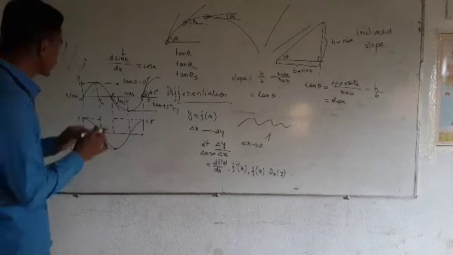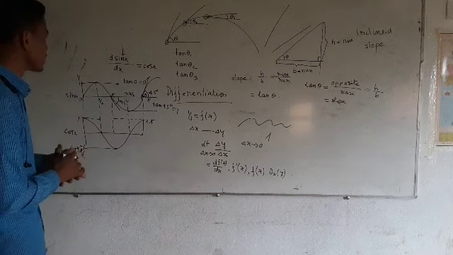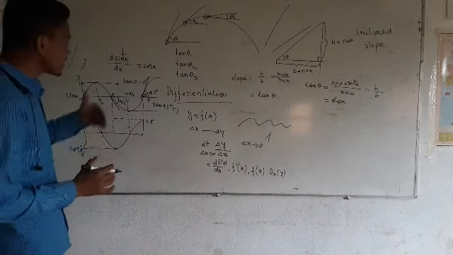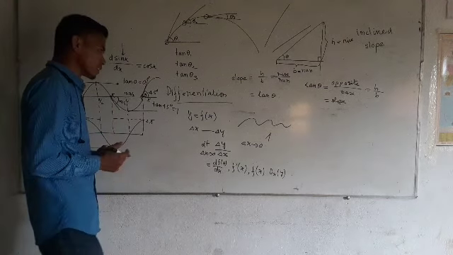After putting the value of the point, or the angle, we can get the instantaneous value of the slope at that point.